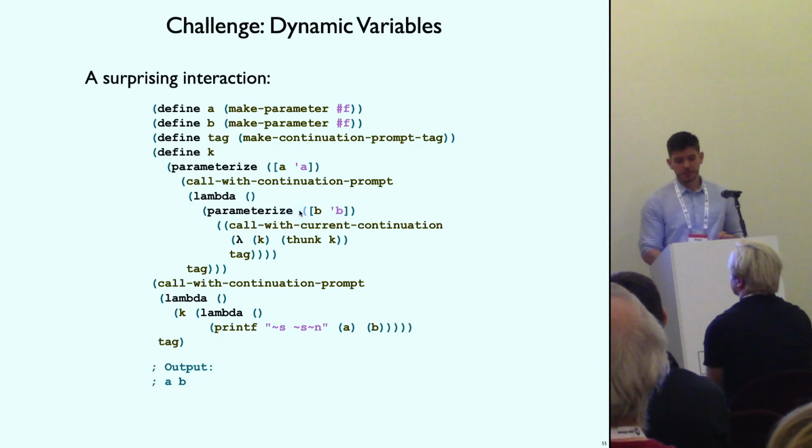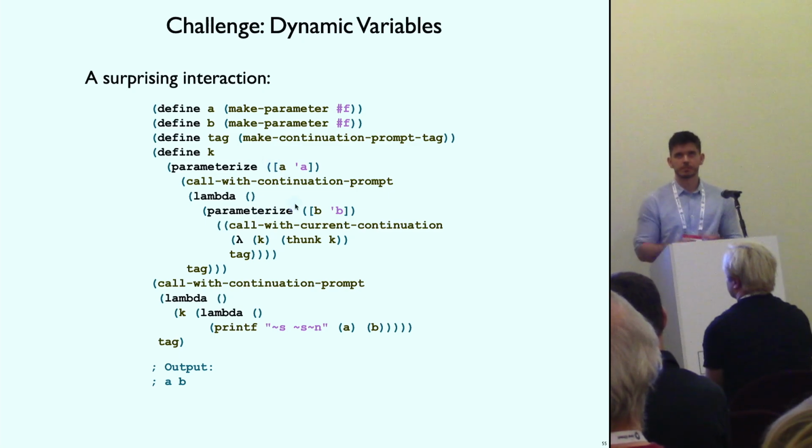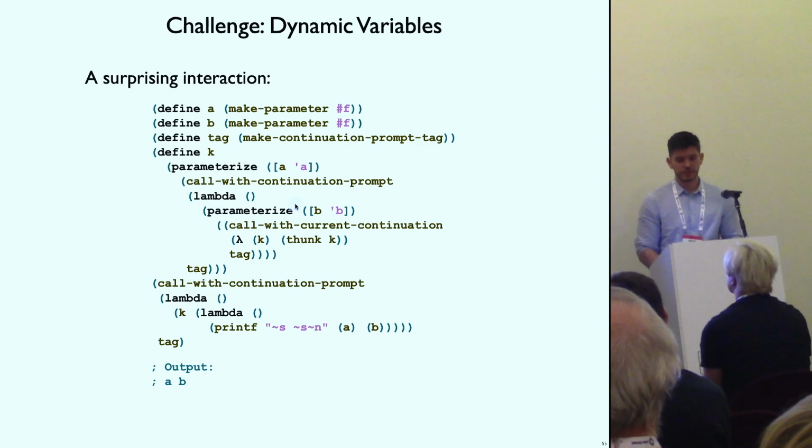And this happens because for performance reasons, the parameterize form ends up extending the previous parameterization that is visible to it. And I don't remember the full details, but it mostly has to do with making the frames smaller and lookups faster.